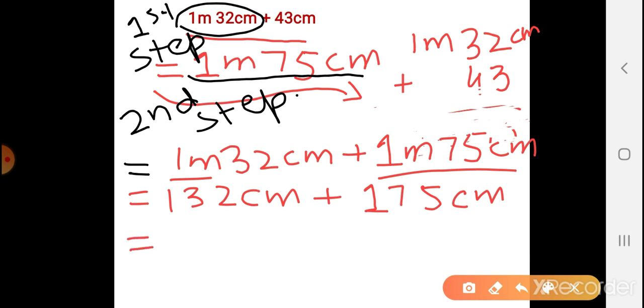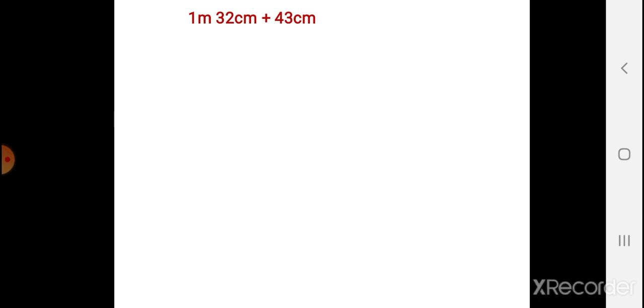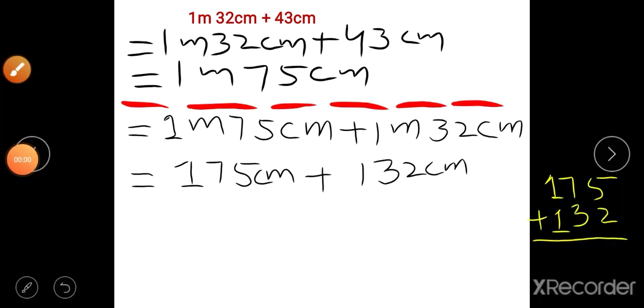So let's add 132 centimeters and 175 centimeters.